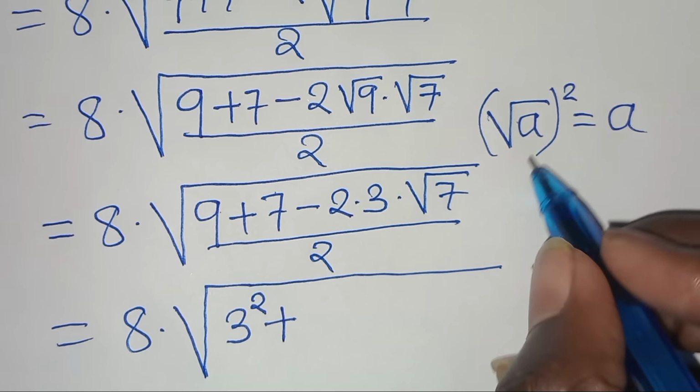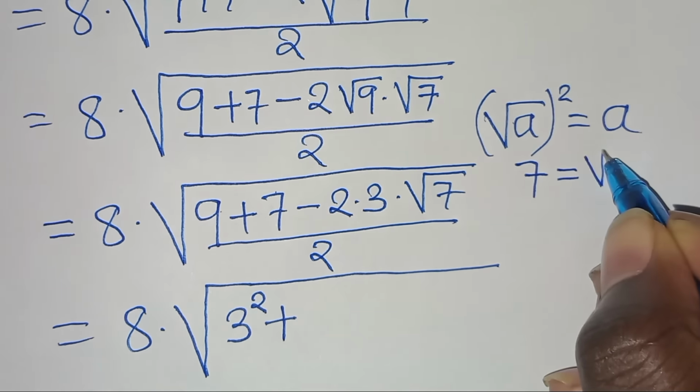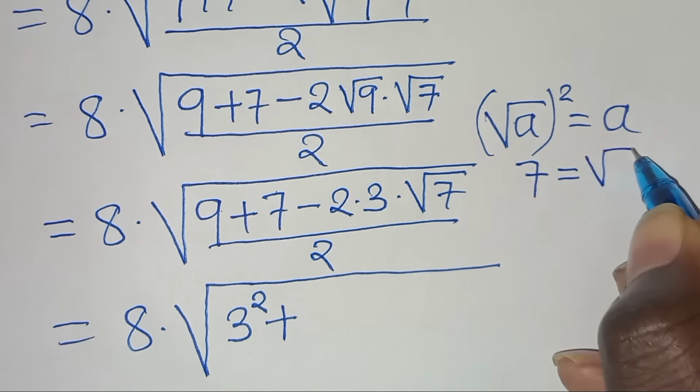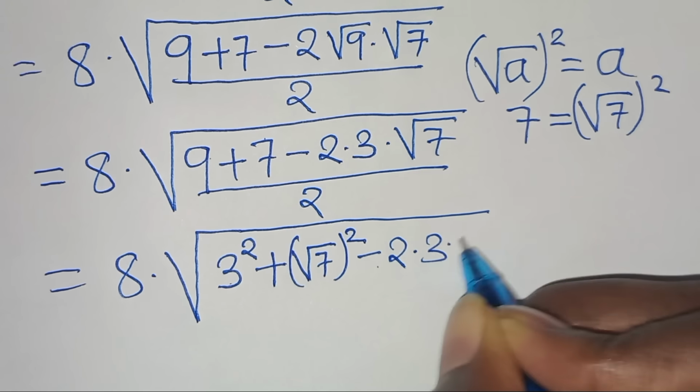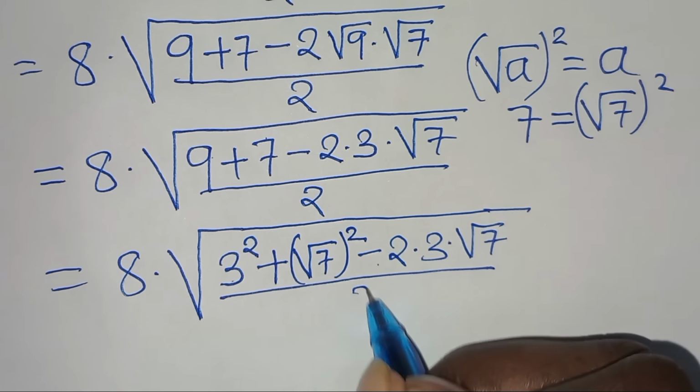Alright, so this implies that we can express 7 basically as the square root of 7 raised to the power of 2. So now here we have 3 to the power of 2, then plus square root of 7 raised to the power of 2, then subtract 2 times 3 times square root of 7, everything here divided by 2.